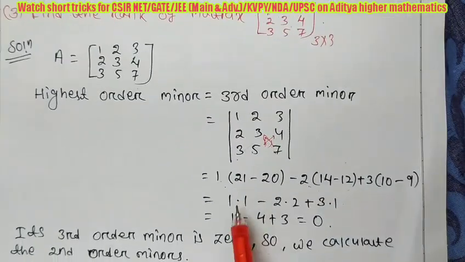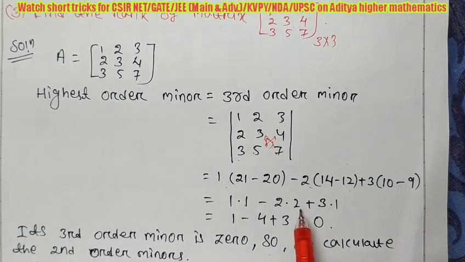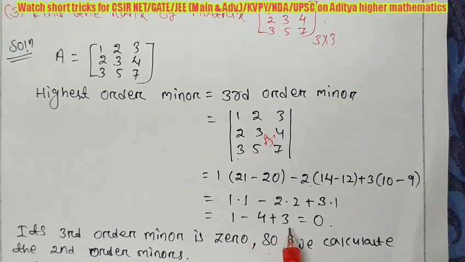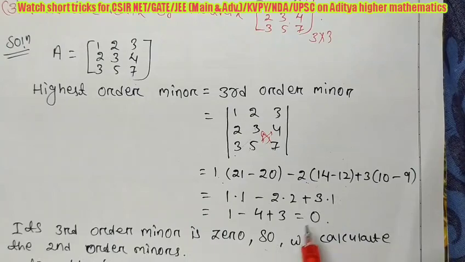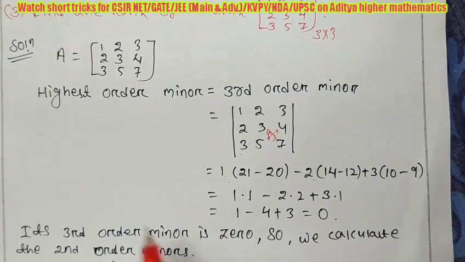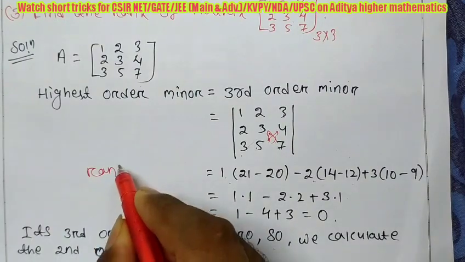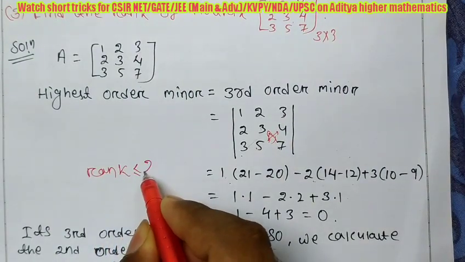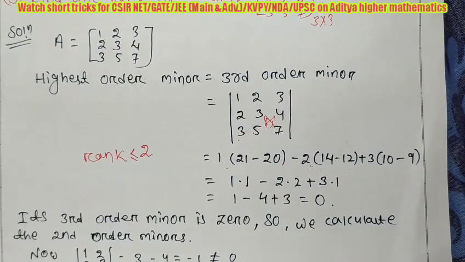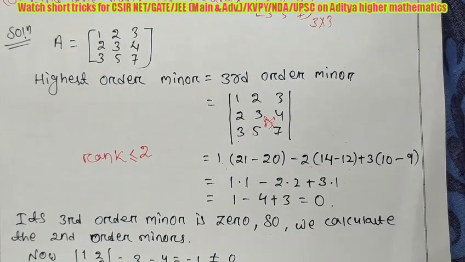So finally it is coming 1 minus 4 plus 3. That means its value is 0. Since the order 3 value is 0, we can say the rank is less than or equal to 2. Then we will check whether we are getting one order 2 minor that is non-zero or not.